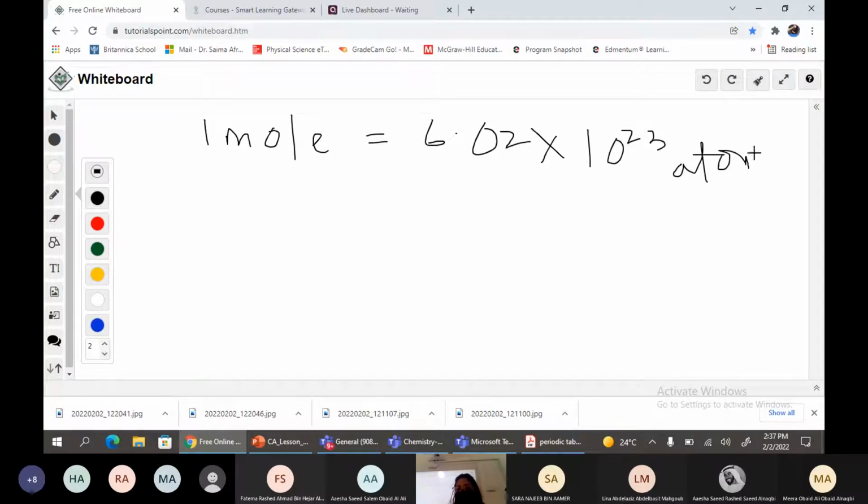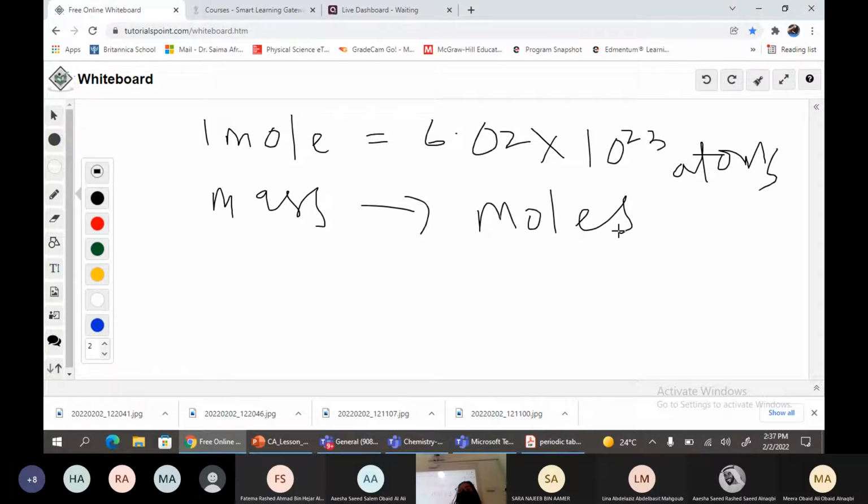This is the first conversion for this lesson. Yesterday, I taught you how, if you have mass in grams, you can convert into moles. Both these conversions were one-step conversions.